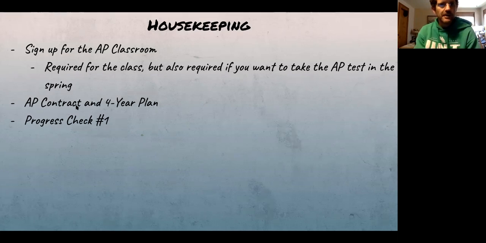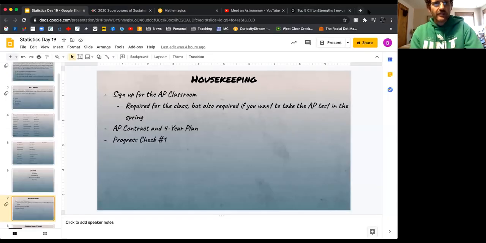Okay, the AP contract and the 4-year plan, I'm going to show you what you need to do exactly with that because I still get questions about it and a lot of people haven't turned it in or done it or let me know they've done it. Anyways, in the progress check, that is just a reminder that that needs to be done. And so we're going to go over real quick to the Canvas page, which I don't have pulled up yet, so I'll do that.